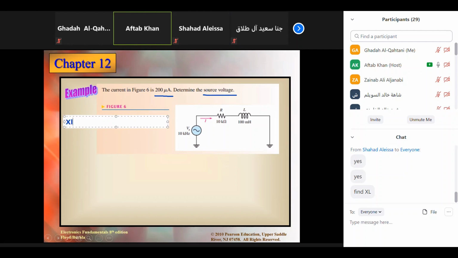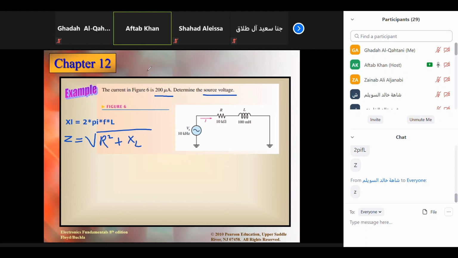Okay, XL. What is the formula? 2 pi FL, right? I'm just writing it this way, 2 pi FL. This is the formula, right? Now after that, we need to find Z, correct? All right. So for Z, we can say Z is equal to the square root of R squared plus XL squared.